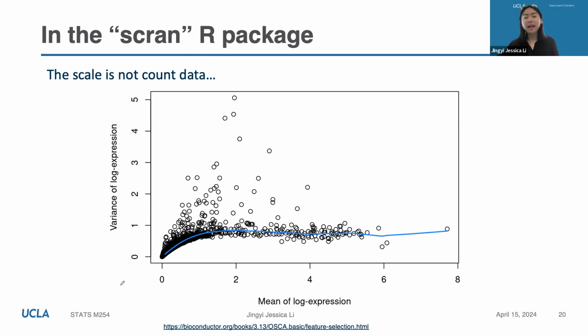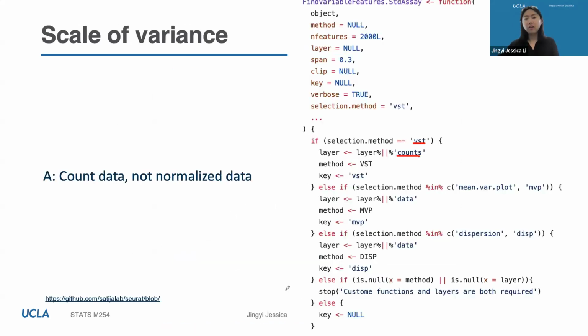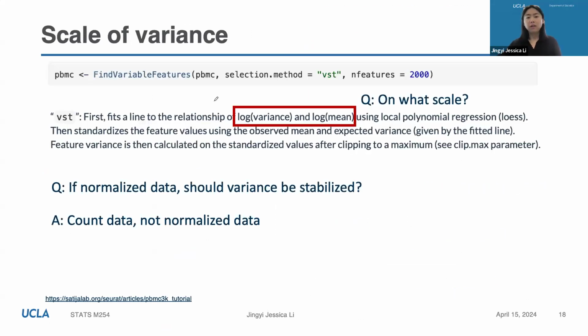In this package, you will see that when we talk about the variance, the mean is the variance of log expression, mean of log expression. So it's whether you first do log or you first do mean variance calculation. That will make a difference because here you are doing log variance, log mean. Here, variance and mean are based on counts, right?